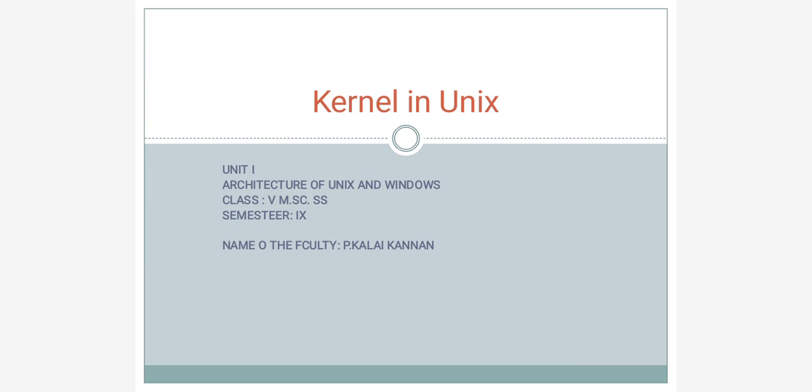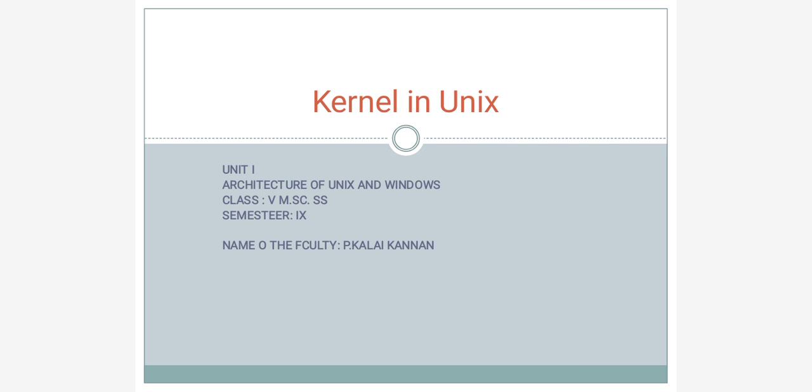Good morning, students. Now we are going to discuss the kernel in Unix. This topic is going to be a very important one, and the basis of the operating system. Whatever operating system you are going to use, in all of those operating systems you will have this kernel.